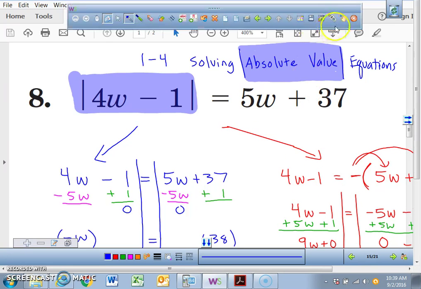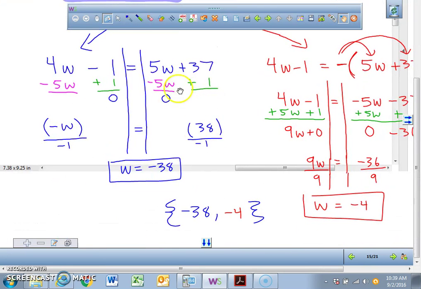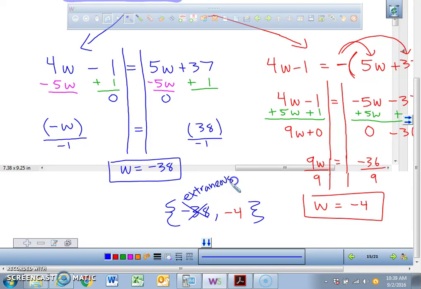What does that tell you about your answer? This answer is called, and you can write this in your journal, an extraneous solution. Think of it as like an extra solution that doesn't work. All right, so this one doesn't work. So some solutions do not work.